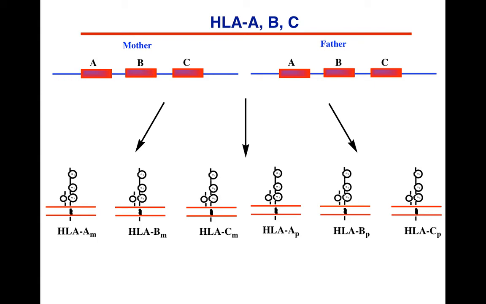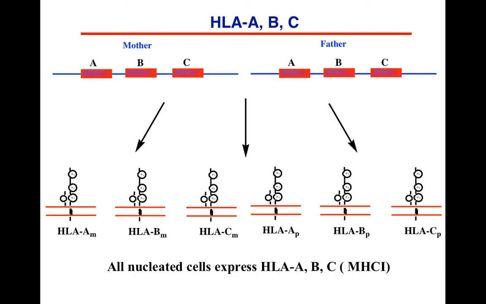So in large part that means you'll get six different HLAs that can be expressed, and these are expressed by all nucleated cells, so all nucleated cells can express the HLA A, B, and C, which are MHC1.